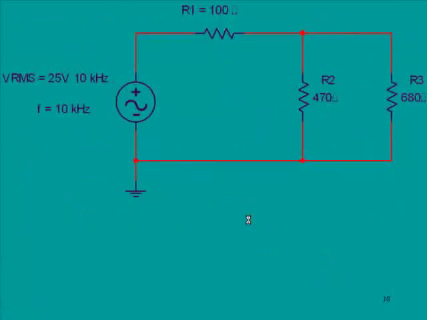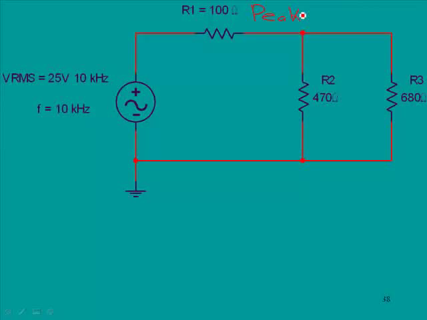Okay, the next circuit we're going to look at is right out of your textbook, and we're going to look at this on 3 different screens. This first screen, we will evaluate peak values. The next one will be RMS, and the final will be average.